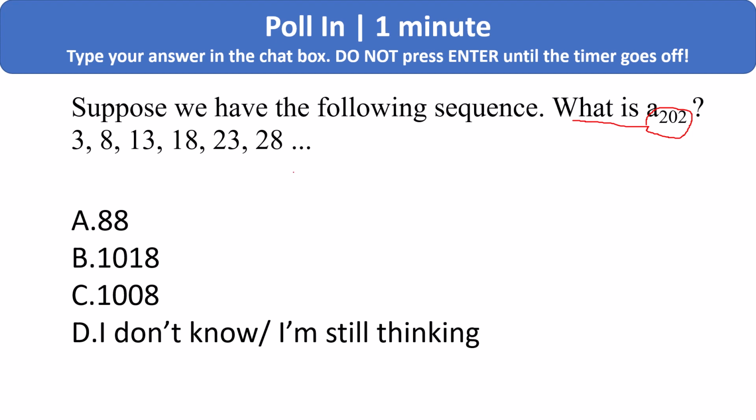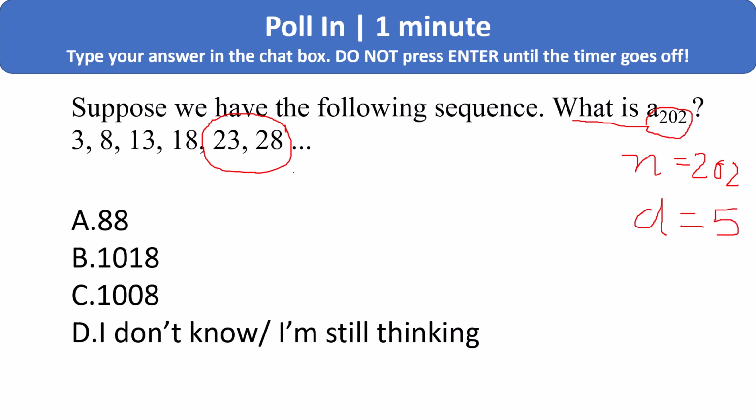Well, let's first identify what n is. N is equal to 202. And the difference, D, take any two terms, subtract any two consecutive terms. So we'll just take 28 minus 23. So the difference is 5.